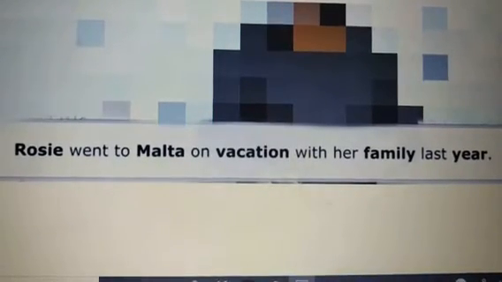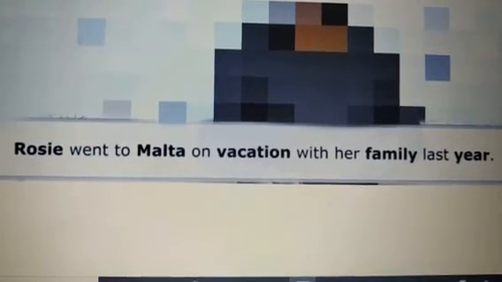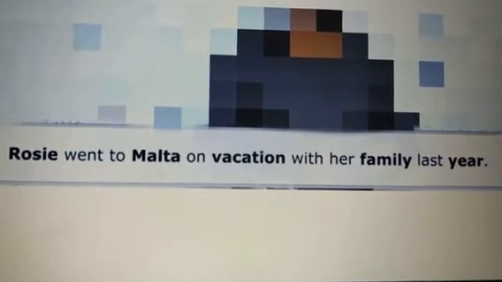Can you identify all the nouns in the sentence? Well, the first noun is Rosie, and it's the name of a person. So it's a noun. The second noun is Malta. Malta is the name of a place. It's actually a beautiful small little island country in Europe. So it's again a noun.